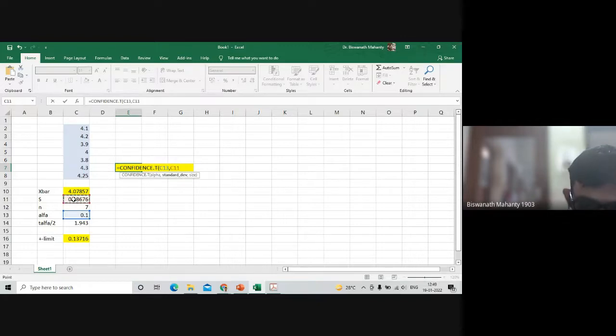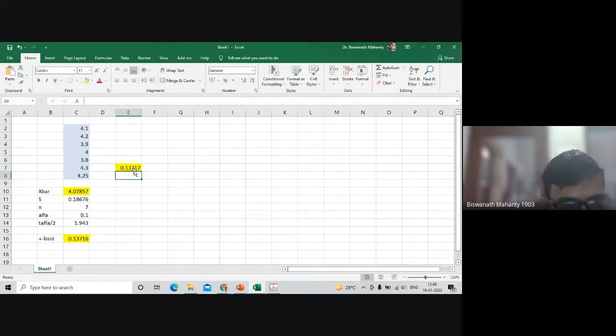This is my standard deviation, comma, size, it is asking. So I'm giving 3 values and then enter. I'm getting 0.13717 by formula automatically, and by manual calculation I have also done. You see, the number is nearly the same, 0.13717 here, 0.13716. That means I already got the distribution.